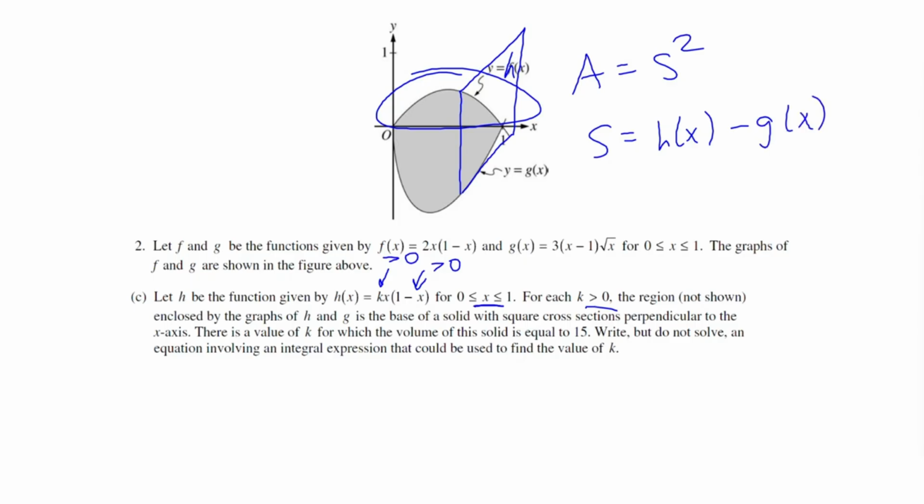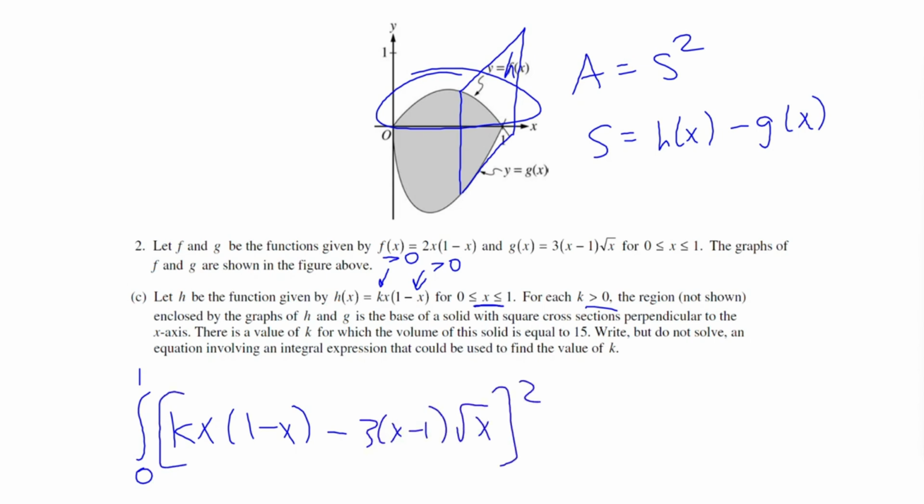So all we really need to do is integrate from 0 to 1 our function h of x, so kx times 1 minus x, and then minus our g of x function, which is 3 times x minus 1 root x, and then square it because that's what gives us the area. And I'm writing it out because it wanted us to have an expression to find k, so I'm making sure that we've at least written the k. You could probably write h minus g and then square it in there.